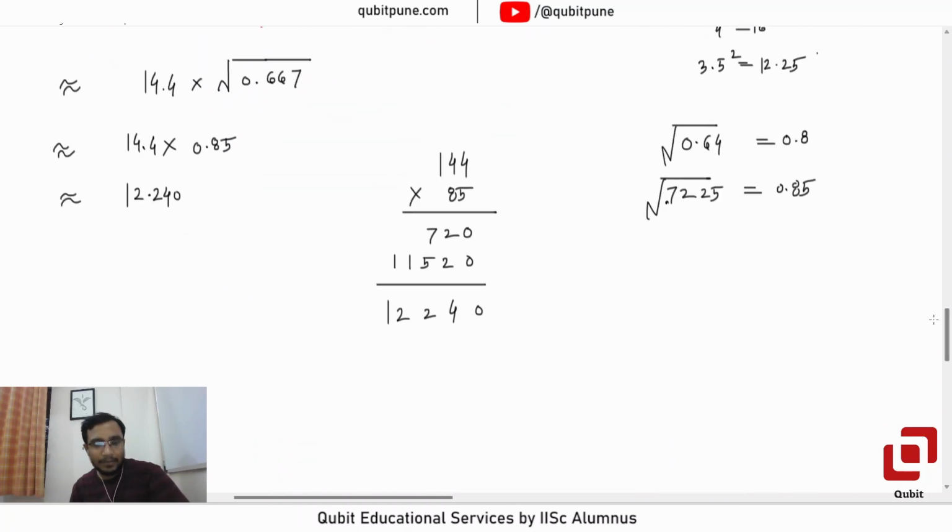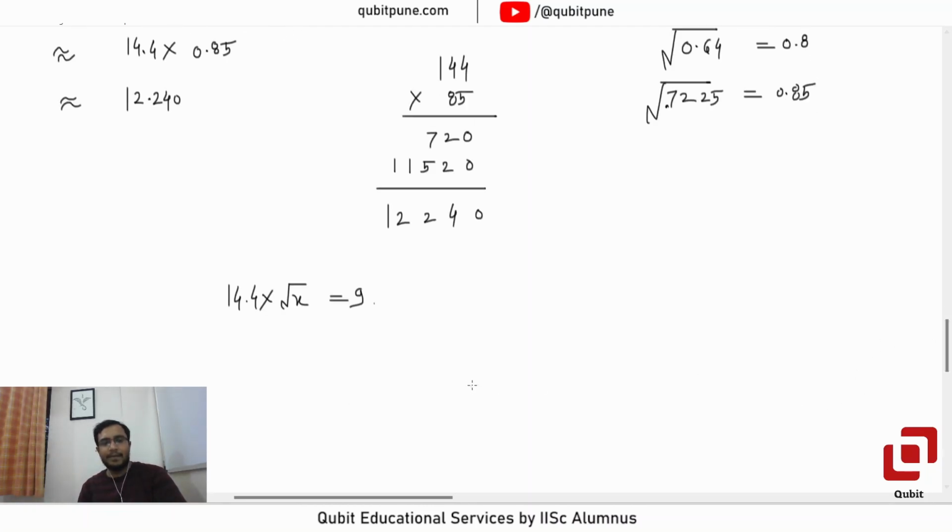Look, suppose I say 14.4 into root x equals 9. If I square that, 196x will be equal to 81.